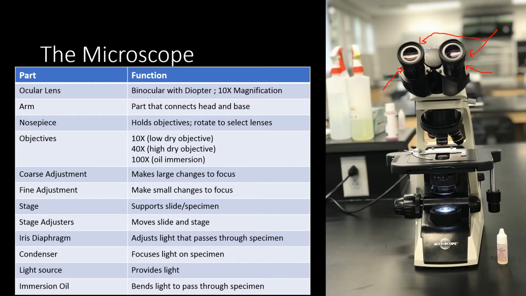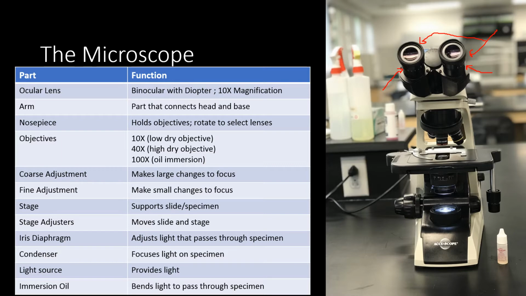Then you'll open the closed eye and use the diopter to focus it independently. Both oculars have diopters on our scopes, so you could start your focusing with either the right eye or the left, whichever is most comfortable for you. But you want to remember that your oculars have a magnification of 10x.